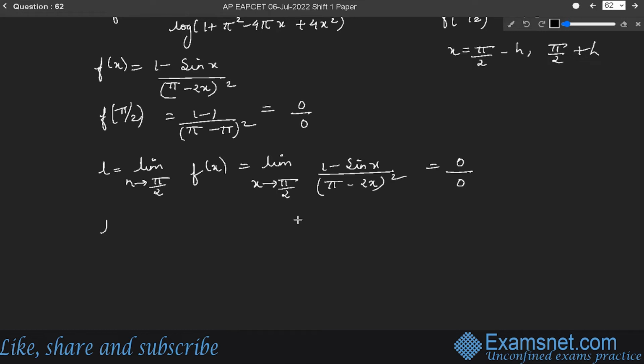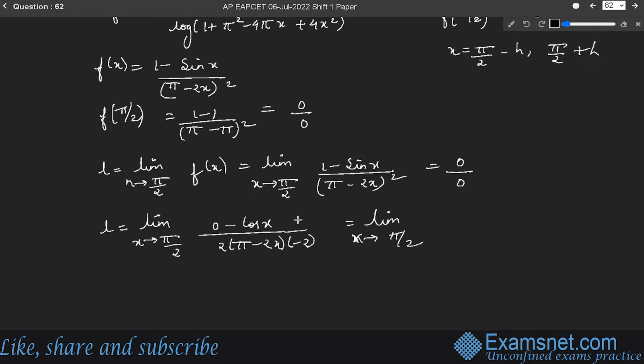So L = limit x tends to π/2 of (0 − cos x) / (2(π − 2x) × (−2)), which is the limit of −cos x / (−4(π − 2x)).